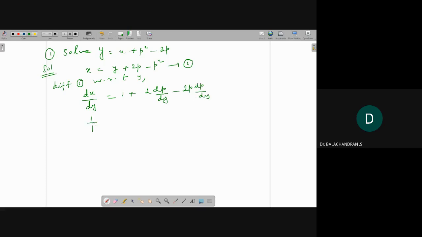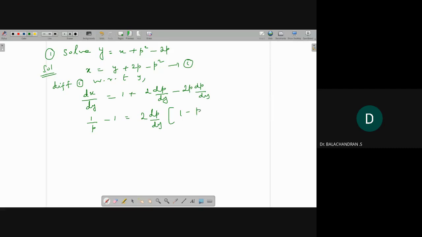This is 1 by p, so 1 by p minus 1 equal to 2 into dp by dy times (1 minus p).